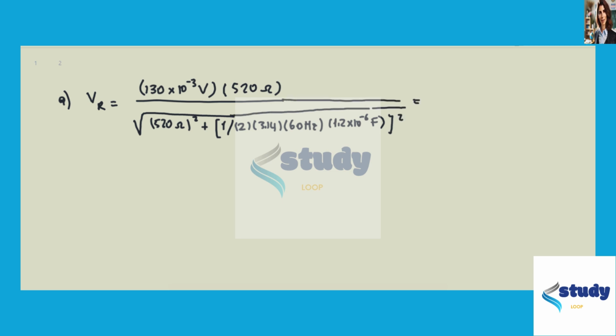So our answer for the potential drop across the resistor is 29.77 times 10 to the power of -3 volts.